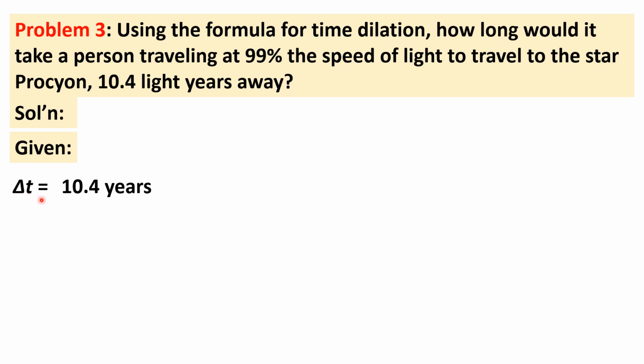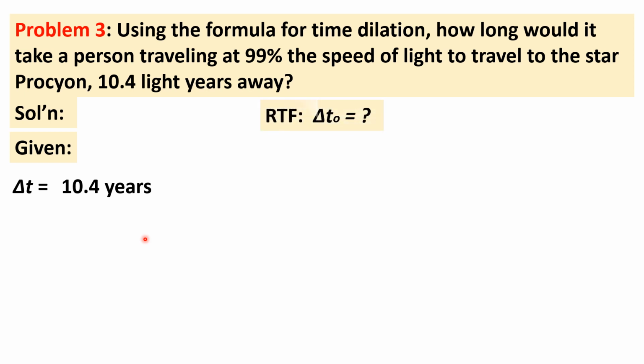This is the time it takes for the astronaut moving at 99% the speed of light, from the perspective of an observer on Earth.